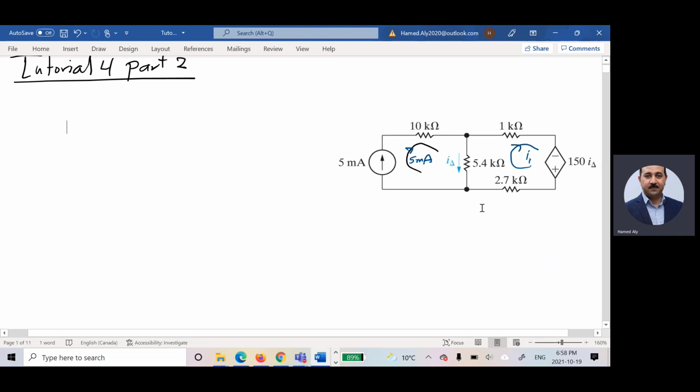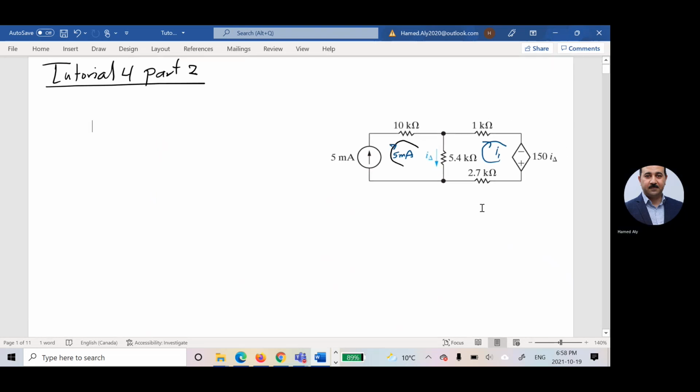So if you try to look at the problem, I have current in this guy, which is 5 milli. And I have current in this guy, which is I delta. But I delta is equal to what? It's equal to 5 milliamps minus I1. So I can write from the beginning that here, I delta is equal to 5 milliamps minus I1.